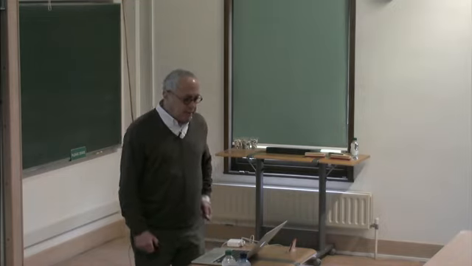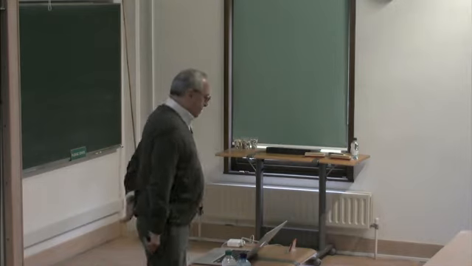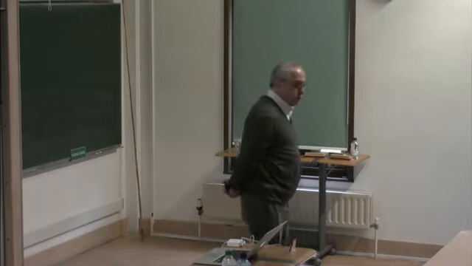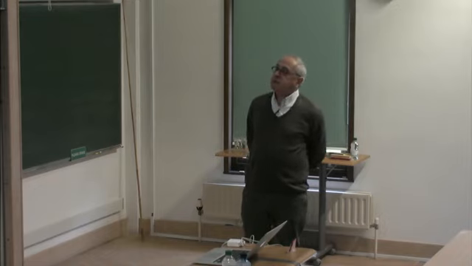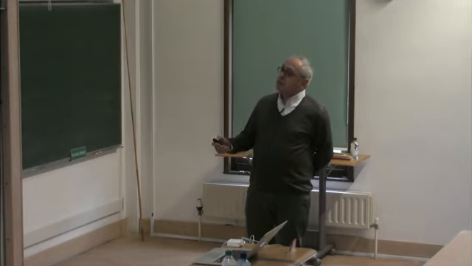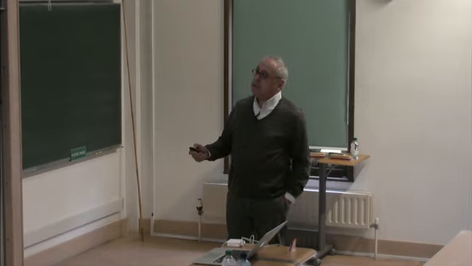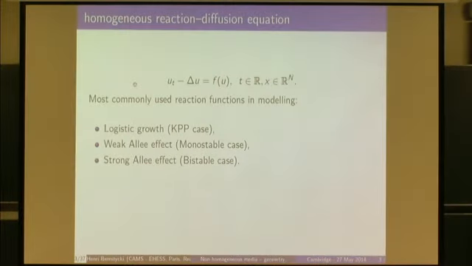So let me tell you what I mean by non-homogeneous media. To start with, let me tell you about the classical homogeneous reaction-diffusion equation. It is this equation where you think of u as a density, for instance, of some biological species. And the equation is du/dt minus Laplacian of u.